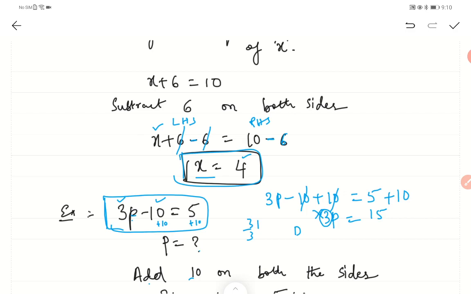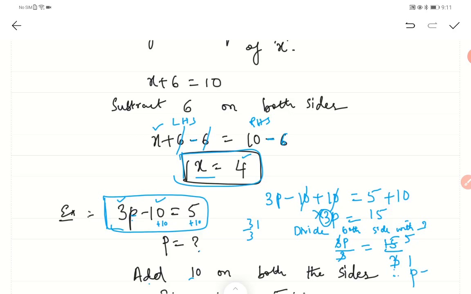So what I will do is divide both sides by 3. That means we have 3p divided by 3 equal to 15 divided by 3. So this 3 is getting cancelled. 3 ones are 3, 3 fives are 15.